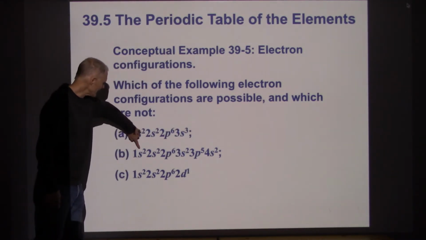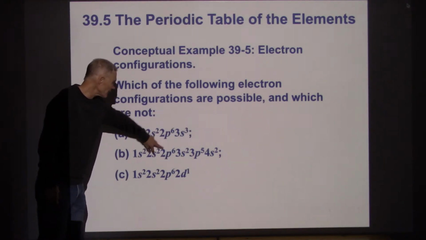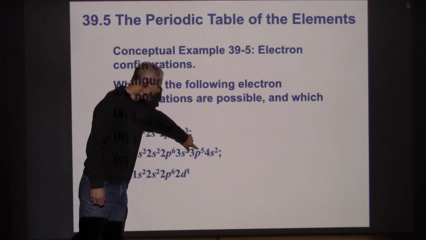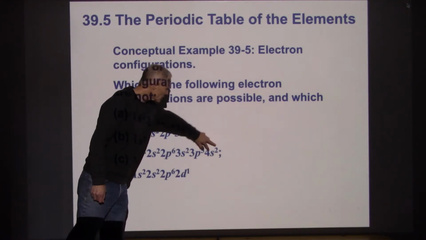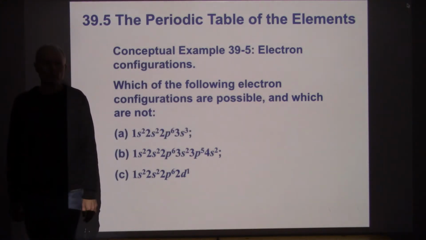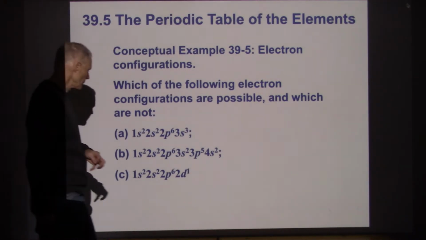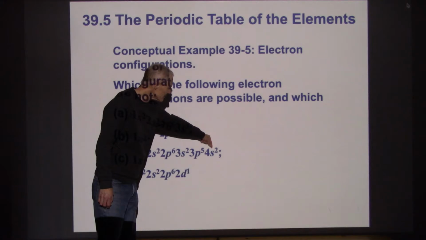All right, let's try this again. Level 1, 1s2. Level 2 looks good, 2s2, 2p6. This is interesting, 3s2, 3p. Now it's not 6, it's not full, but they've moved on to the next level. Is that allowed? That is not a ground state configuration. It's an excited state. What has happened is that one of the electrons from 3p has moved into the 4s state.